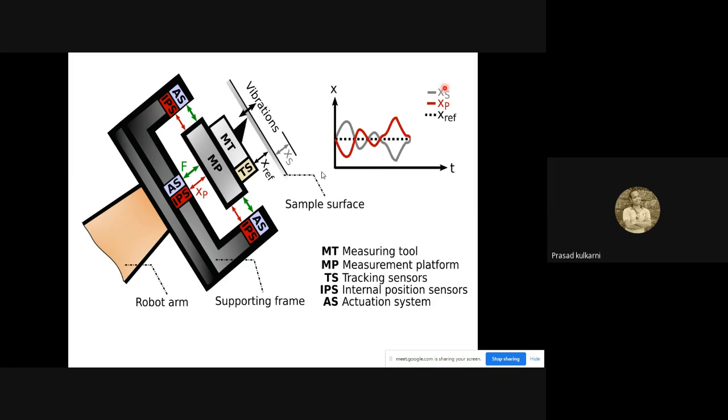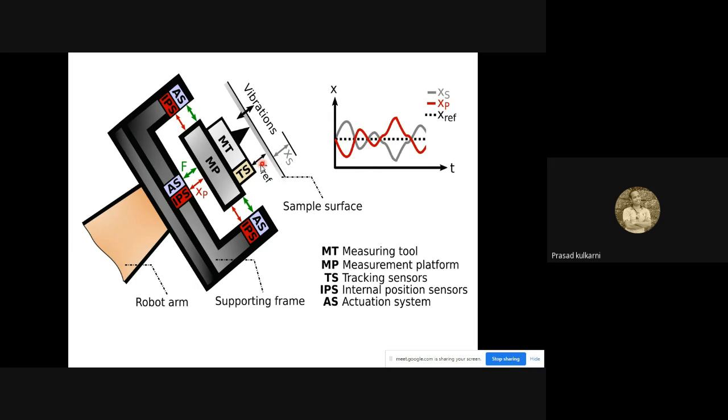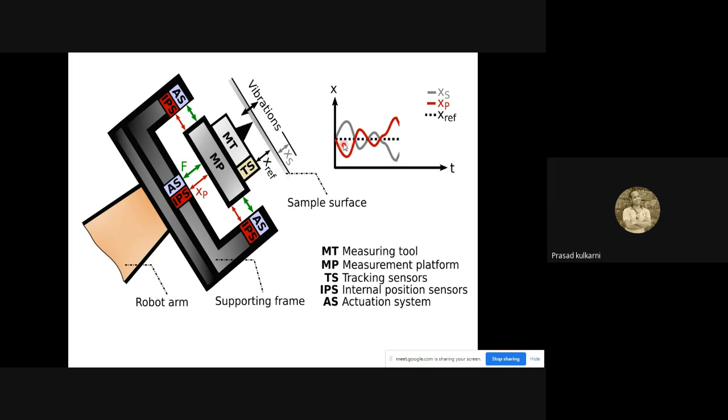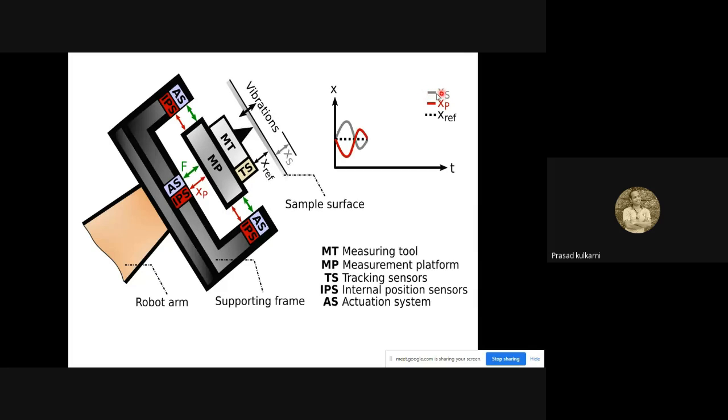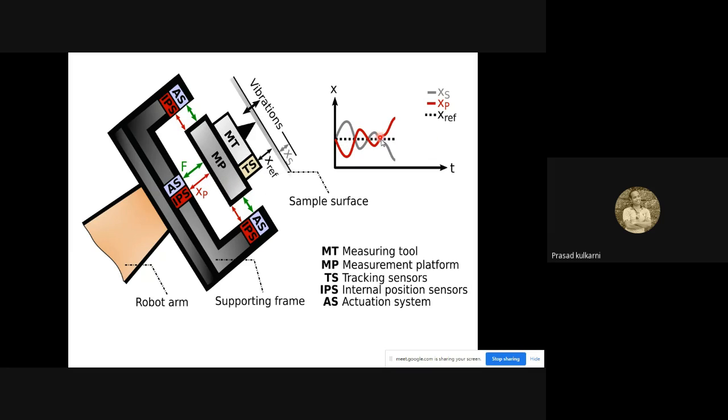So X suffix S, so this is the distance X REF. This is the distance. Here it is shown by dotted line. Here you can see a faint black line. It is shown by XS. Then the dark red line X suffix P. So this is the distance, and all these things are repeated again and again.